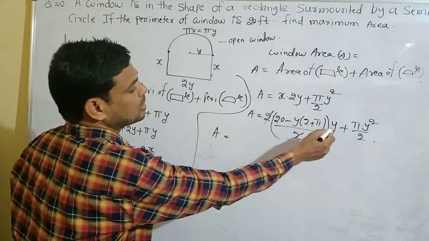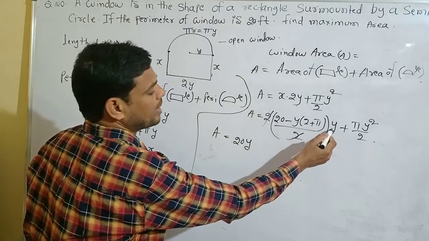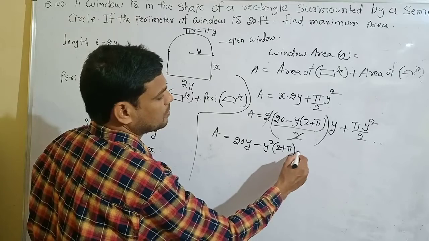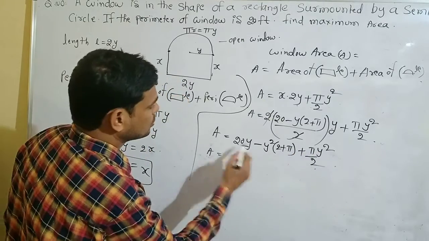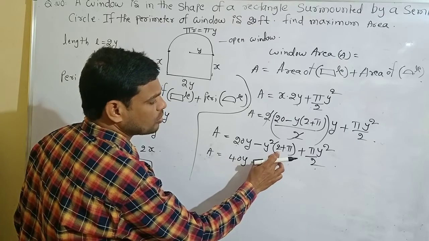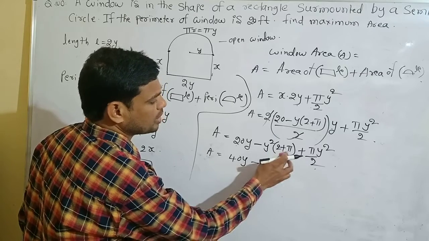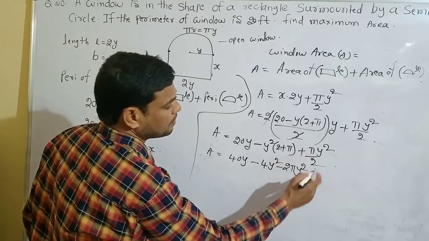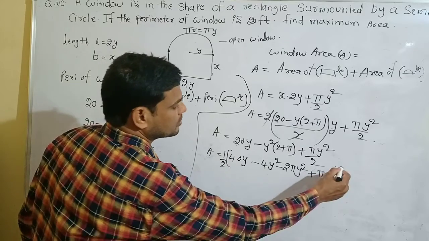Area equal to 20y minus y square (2 plus pi) plus pi y square by 2. 2 20s are 40y minus 2y square into 2, 4y square, 2y square into pi minus 2 pi y square, plus pi y square, whole by 2.